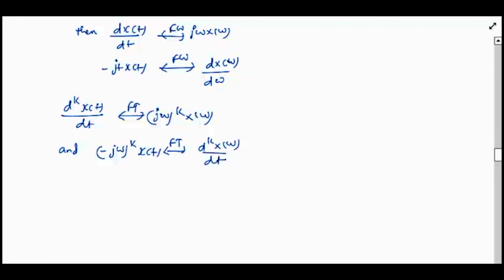We will see several uses of these derivative properties in a while, but for now let us move to the next property, which is time and frequency scaling.